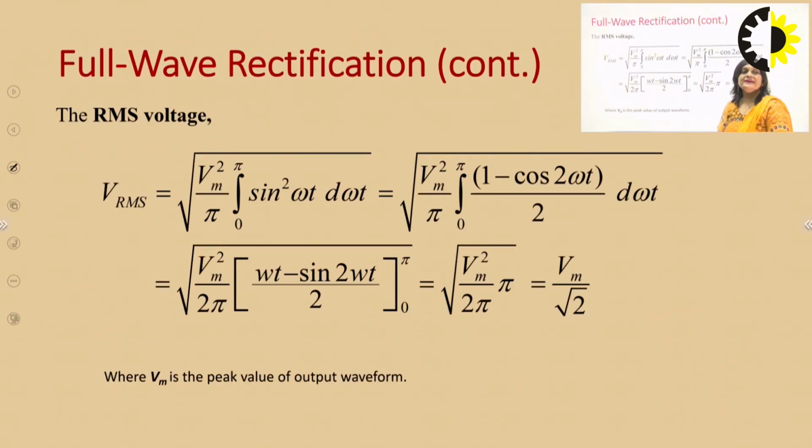Now how can we calculate the RMS voltage of the full wave rectifier? For this, we have the waveform like this, and we can see this is 0, pi, 2 pi.